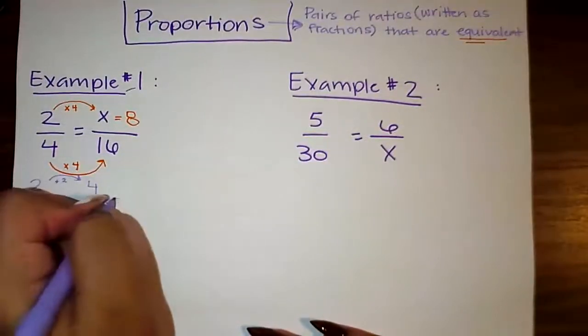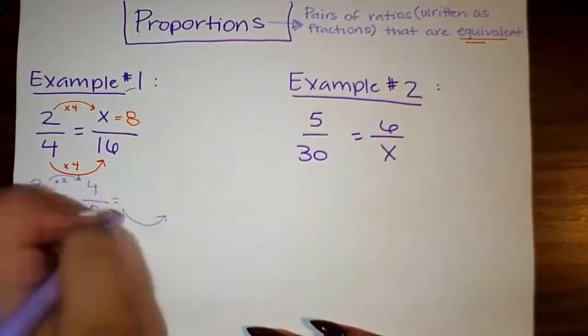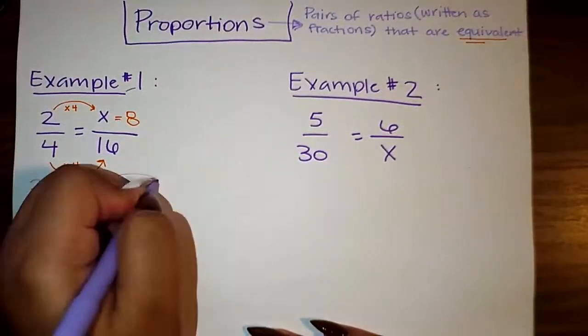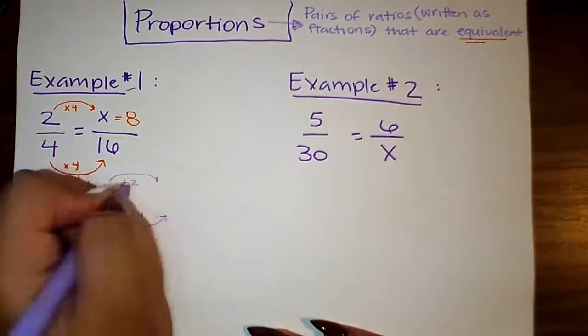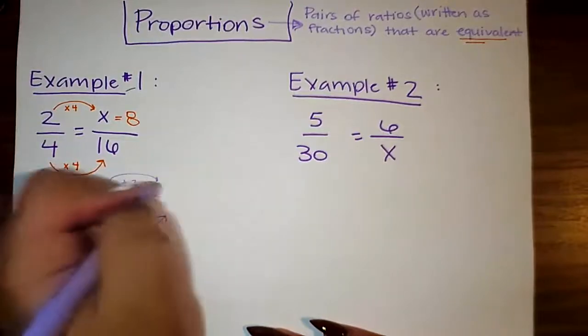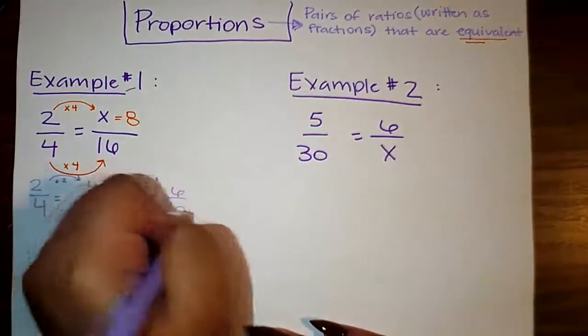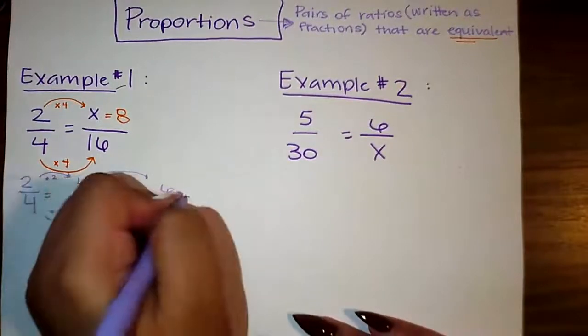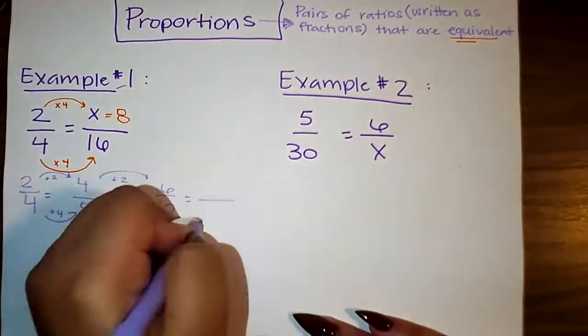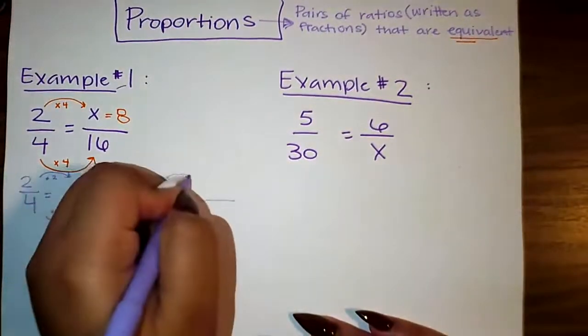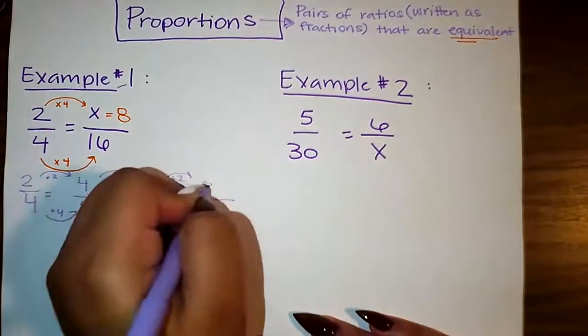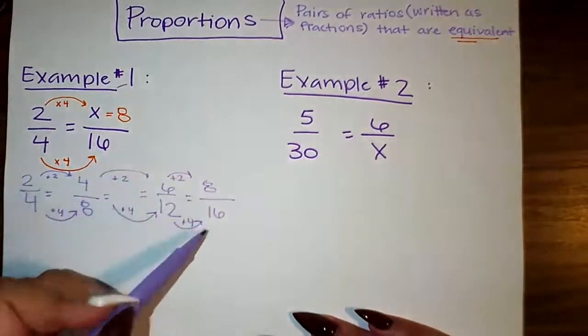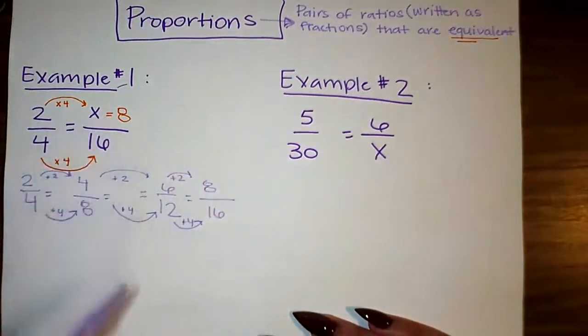I have to do the same thing again. I add 4, I add 2, and that gives me 6 over 12. If I do the same thing again, add 4, add 2, that gives me 8 over 16. Boom. I know my ratios are equivalent.